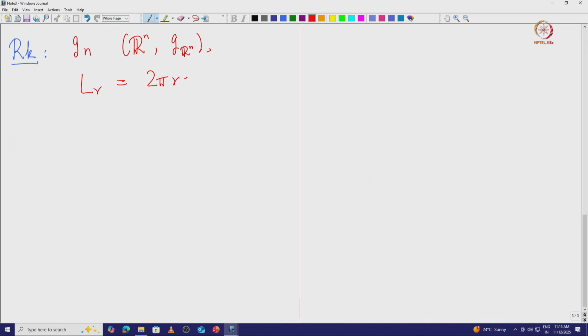So what this tells you is that if the sectional curvature is positive, then this Lr is going to be less than 2 pi r for r small.